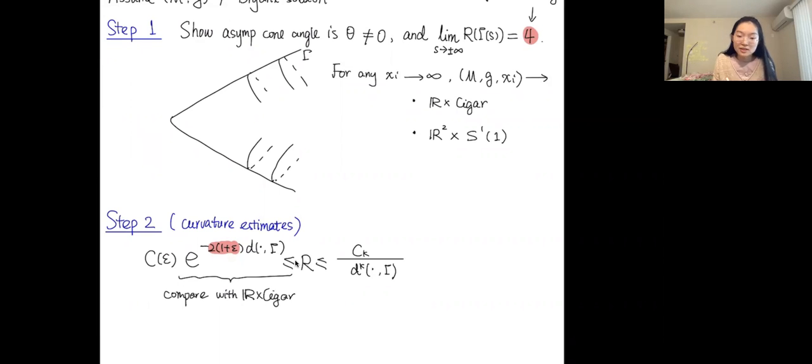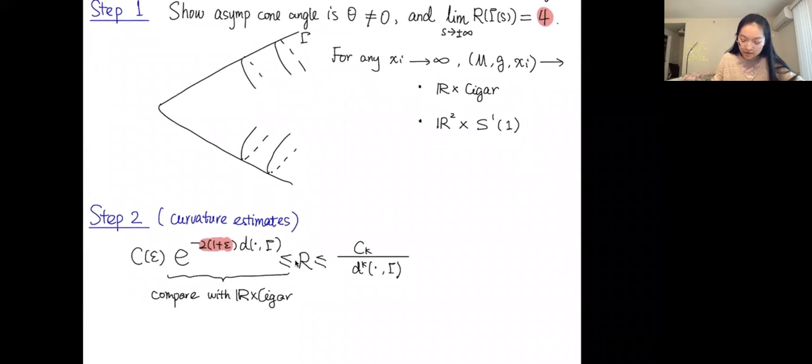The cause is that the constant C epsilon might be really large. In R cross cigar, we actually know that this epsilon can be chosen as 0. So this lower bound is not optimal, but almost optimal in this case. And this upper bound is true for any integer k.